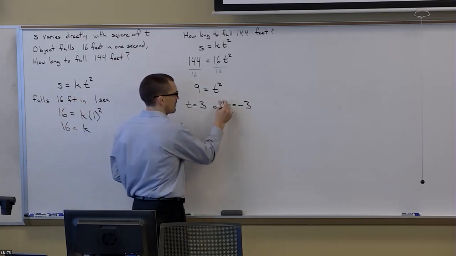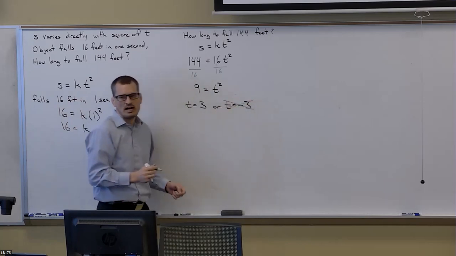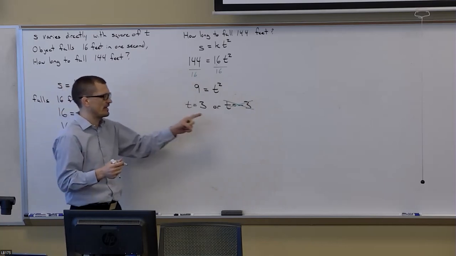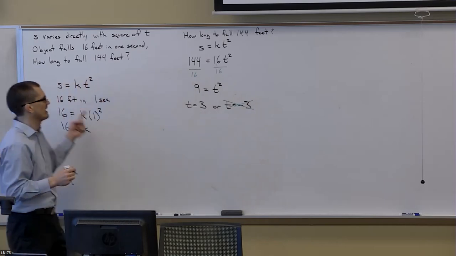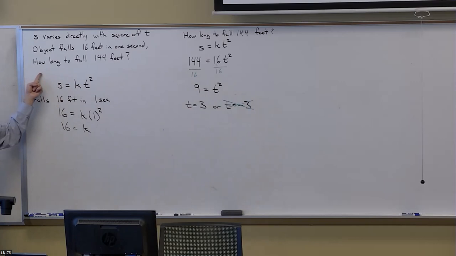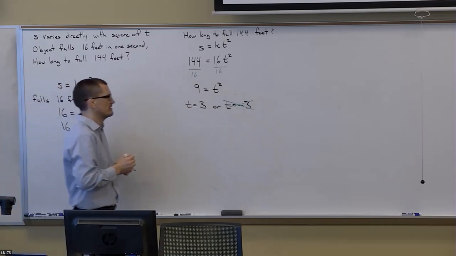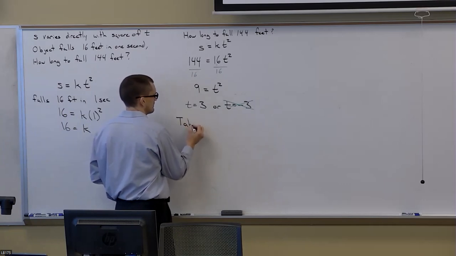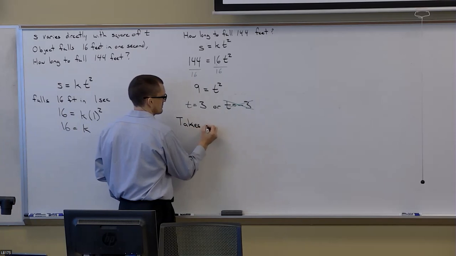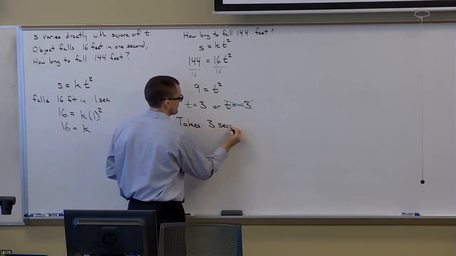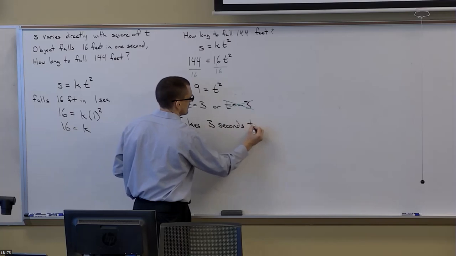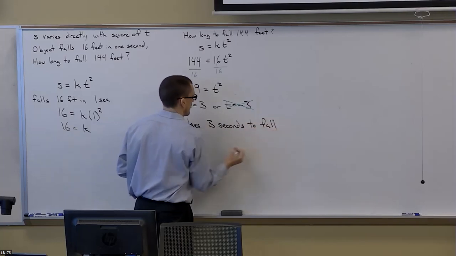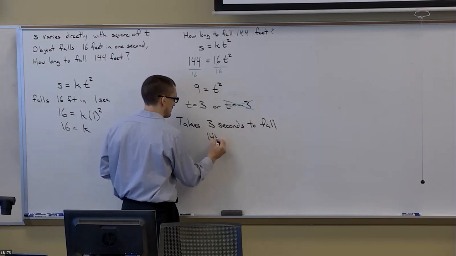So we can cross that one out, right? So algebraically, T could be 3 or negative 3, but practically, we're asking for a time it takes, and it's not going to take negative 3 seconds to fall 144 feet. It takes 3 seconds to fall 144 feet.